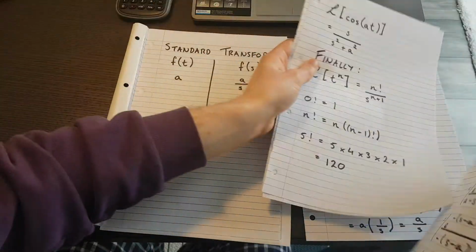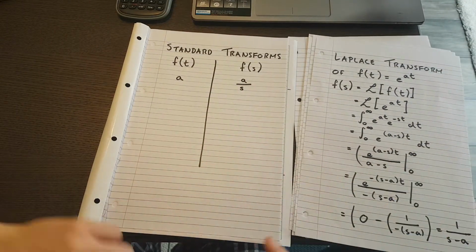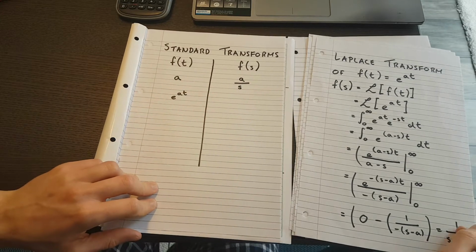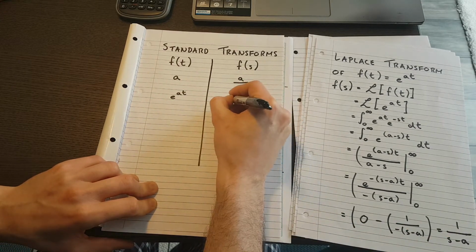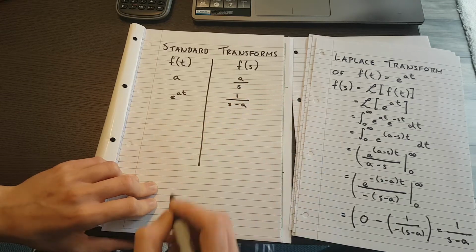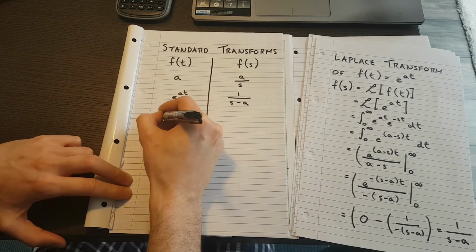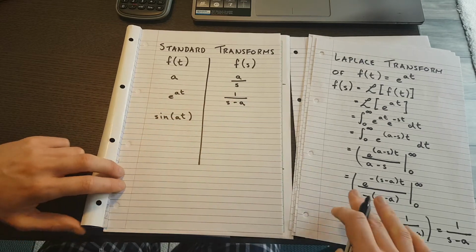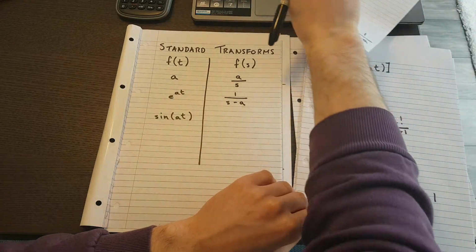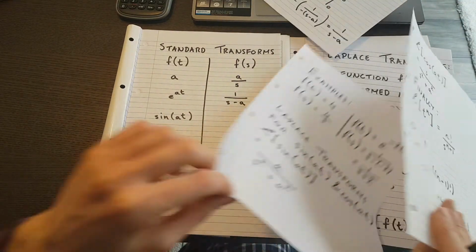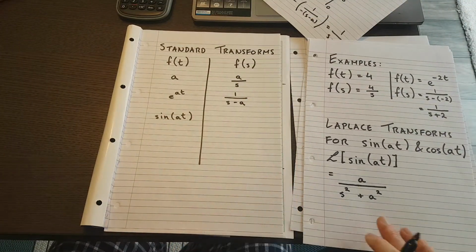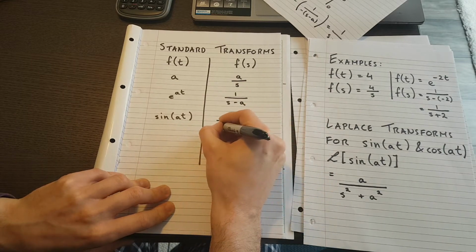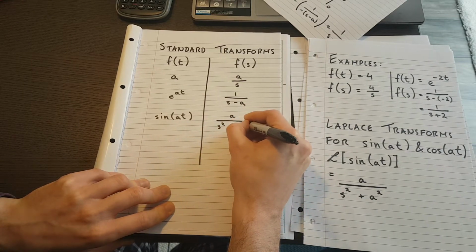The next one that we would have is the Laplace transform for an exponential. So I would have e to the at, and that gave me 1 over s minus a. We would have the sine of a times t, which we saw, so that was a over s squared plus a squared.